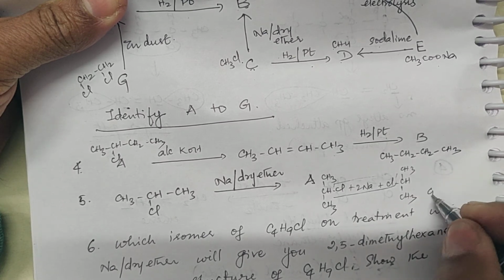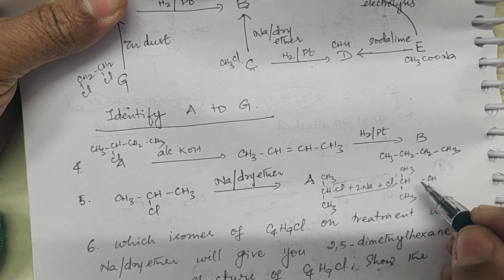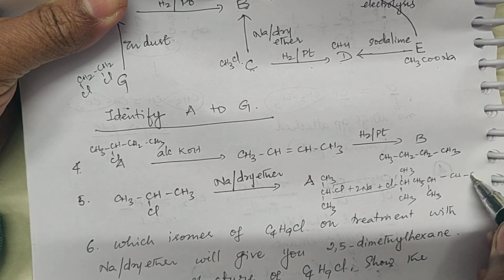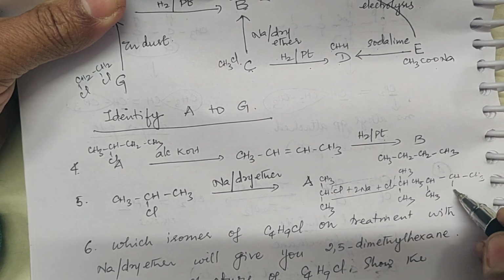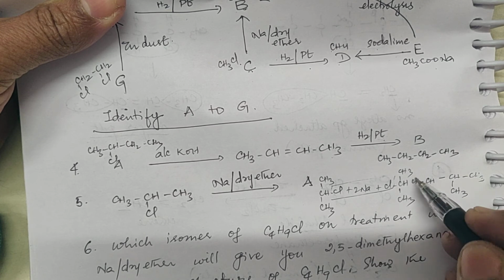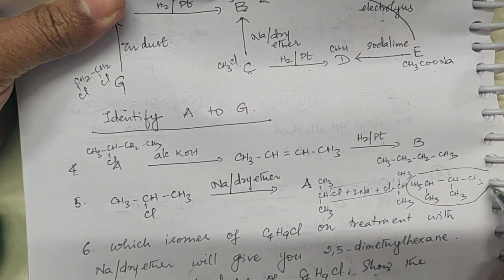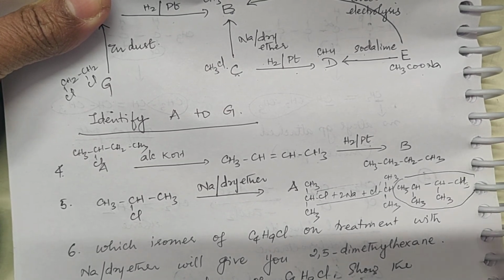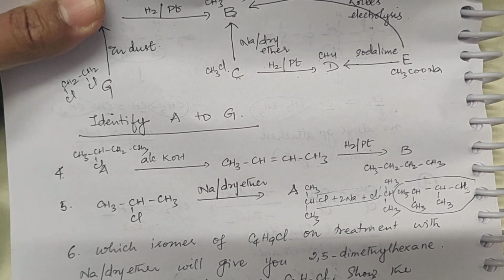So you'll have CH3, CH, CH3, then CH, then CH3, then CH3. This is your product. Okay, try to understand and do it.